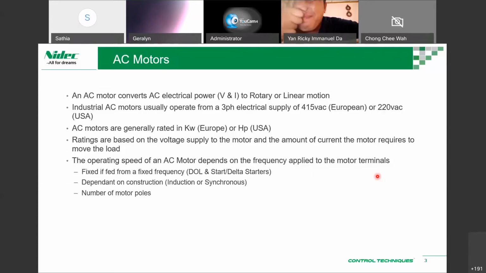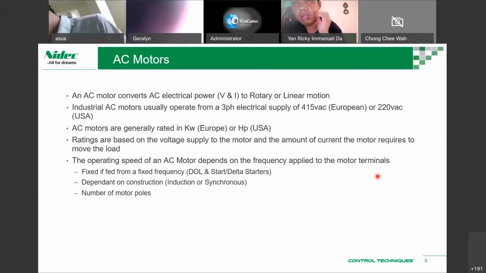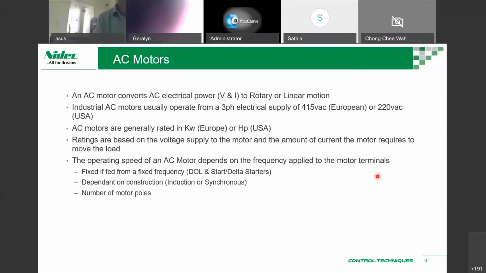One is that the speed is fixed if it is fed from a fixed frequency, typically with direct-on-line starters or star-delta starters. Then it depends on construction, whether it's an induction motor or a synchronous motor. Today we'll be looking at induction motors, and the number of motor poles. These are the main factors.